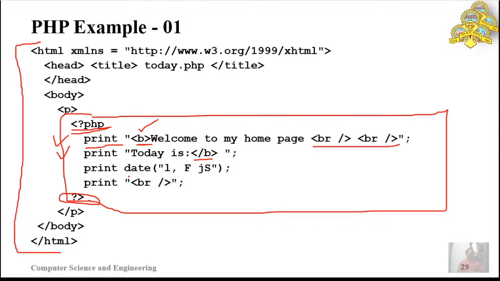And I am using one predefined function, that is the date function, in long format and in JSON style. Some parameters are provided here, and these are interpreted by the PHP engine, and in place of the date function the corresponding values are inserted. Let's go for the output.